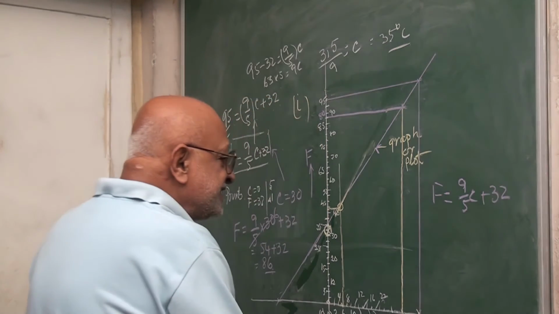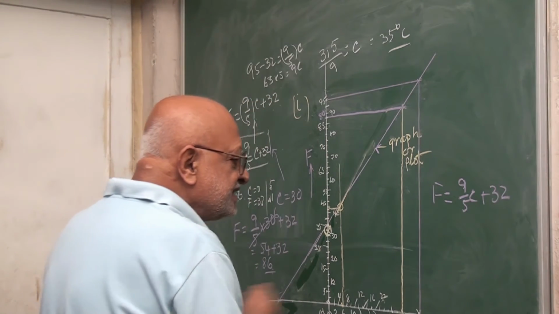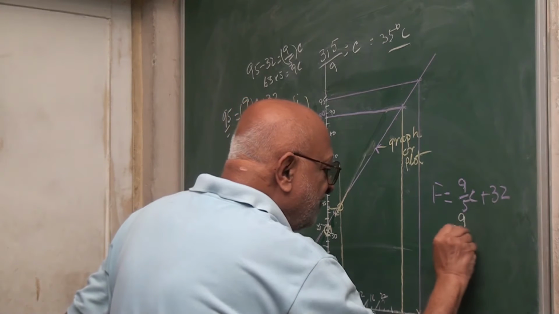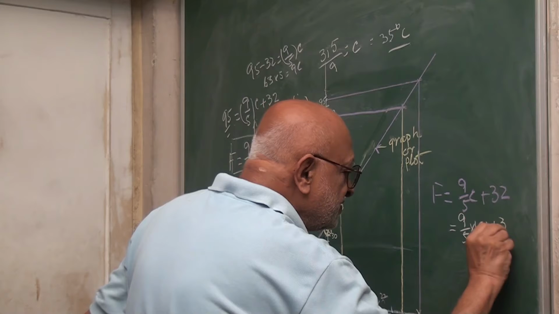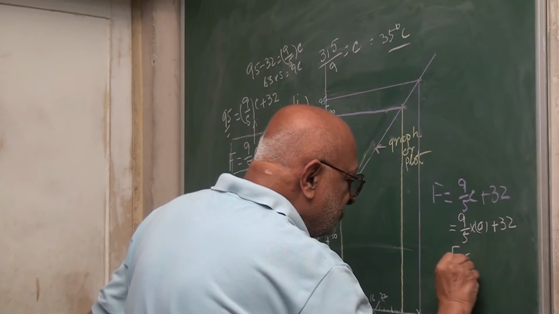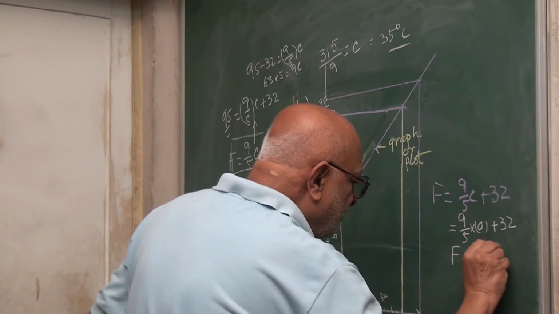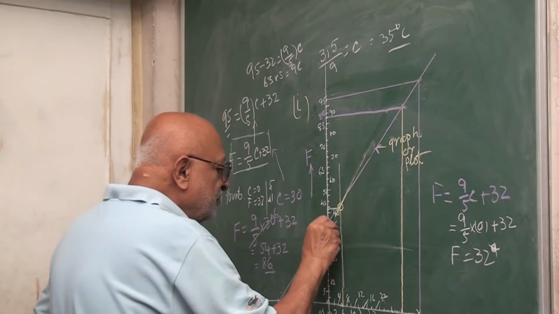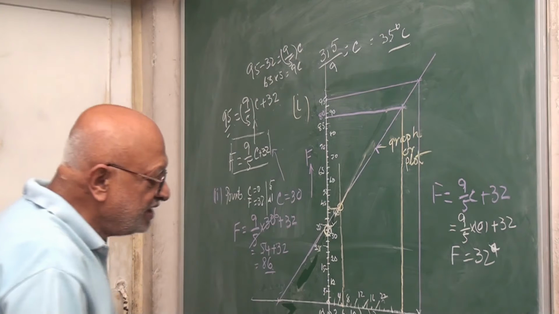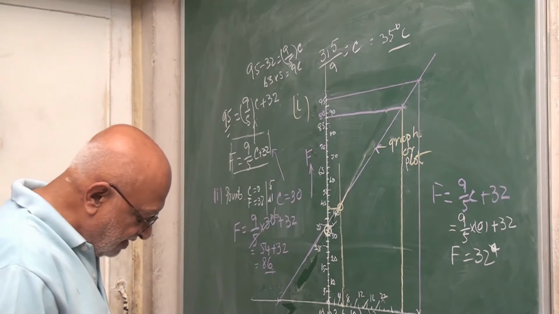So if C is equal to 0, this is 9/5 into 0 plus 32, that is F equal to 32. This was one of our points from which we have drawn the graph, so this has already been taken care of.